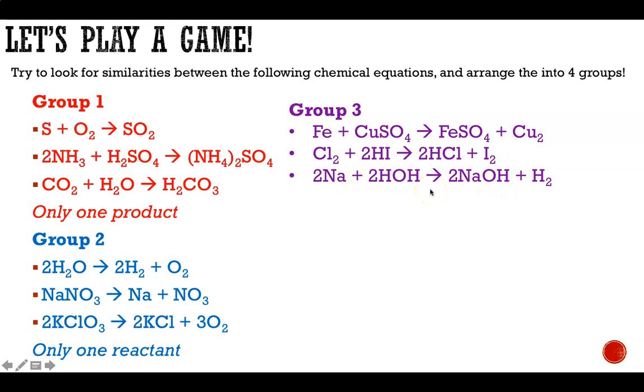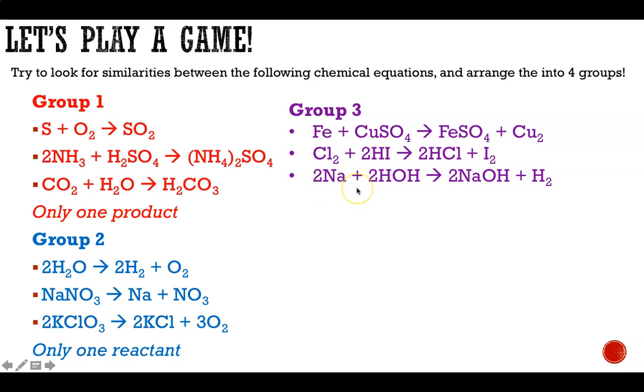Maybe let's look at the type of reactants and products that we have. Here I've got iron all by itself, and then copper sulfate. And here I have iron sulfate and copper all by itself. Chlorine's all by itself, and then it comes in and bumps out the I, and now I's all by itself.